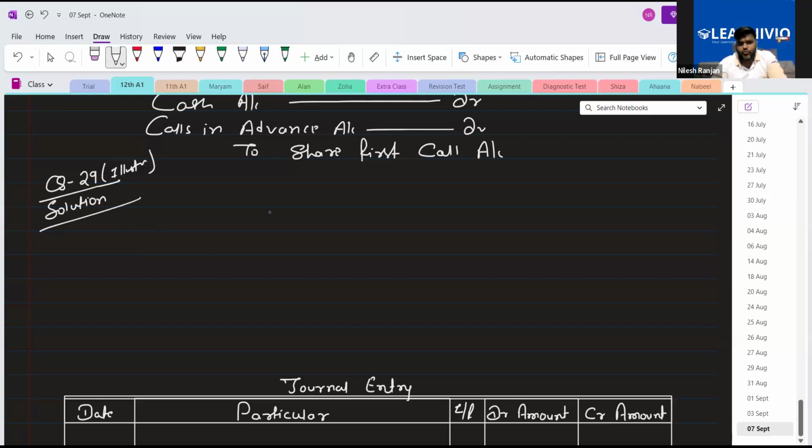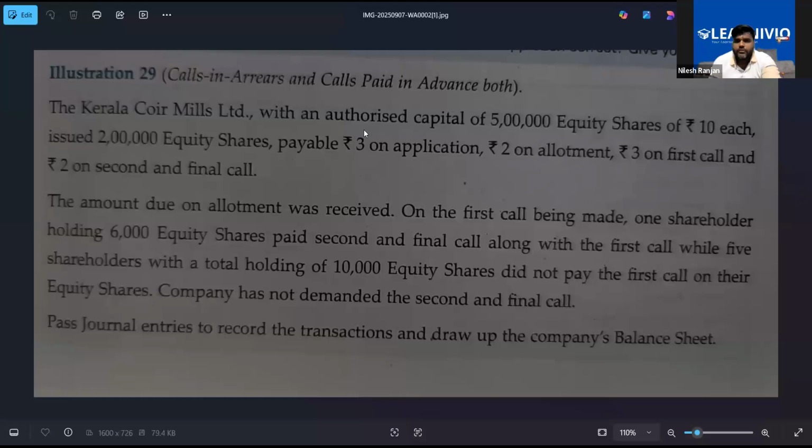Okay, so first of all, we have to do the working note. There is application, then allotment. There is no problem in these two calls. On the first call, some adjustment is required. Kerala Coir Mills has an authorized capital of 5 lakh equity shares, and we don't have to do anything with this. Issued 2 lakh equity shares, payable 3 on application, 2 on allotment, 3 on first call, and 2 on final call.